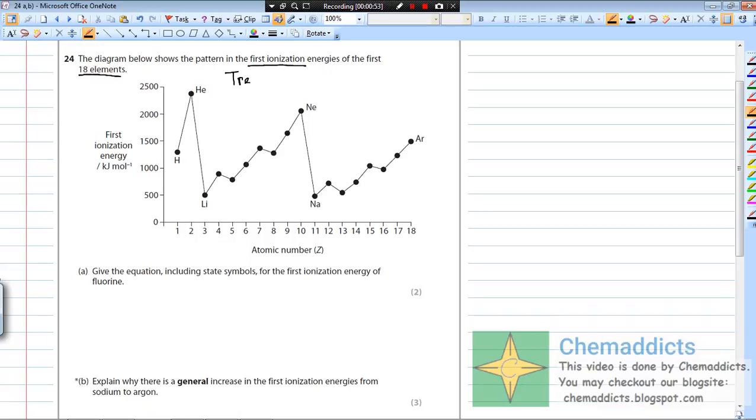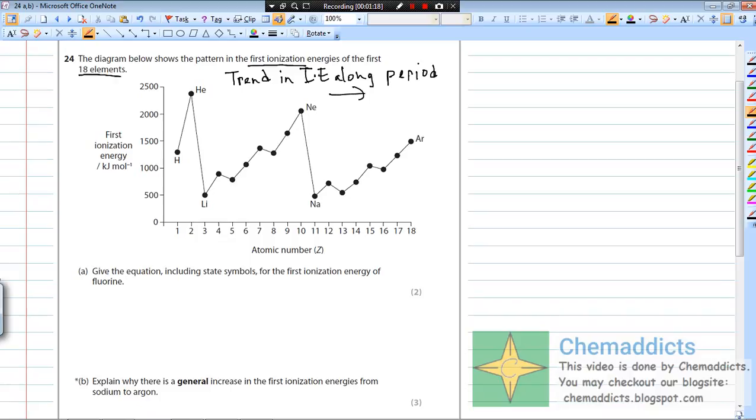If we recall, this is the trend in ionization energy along the period.